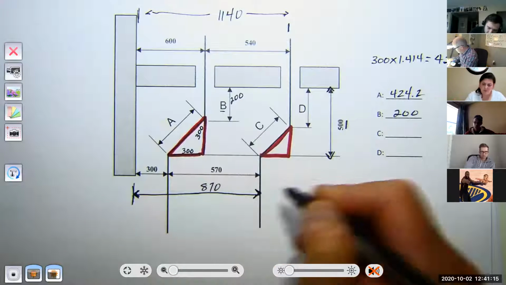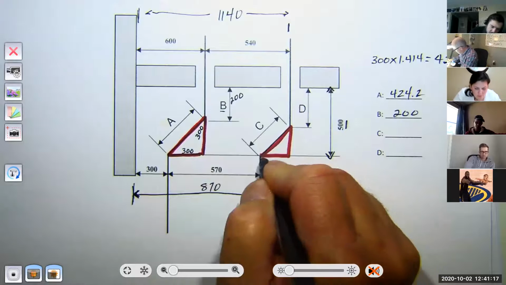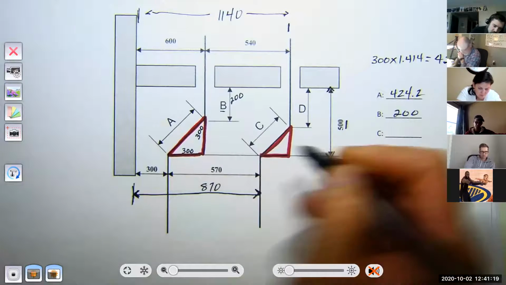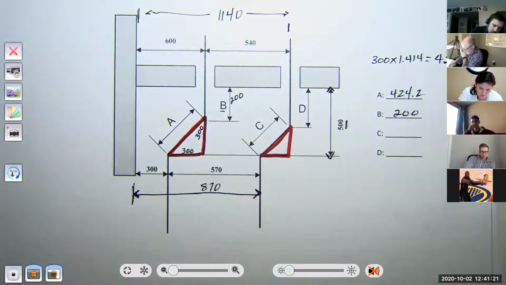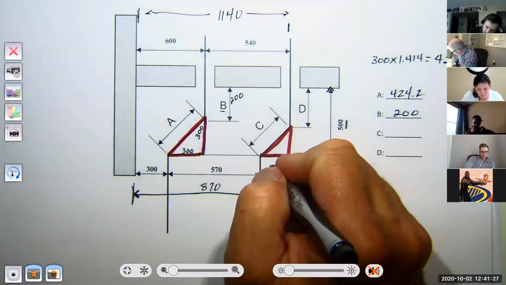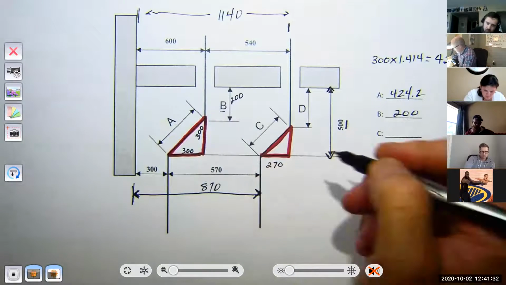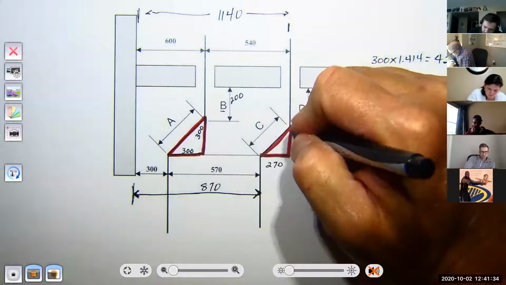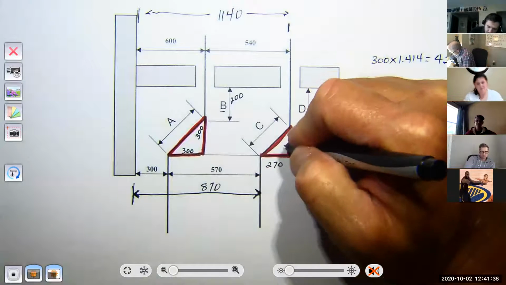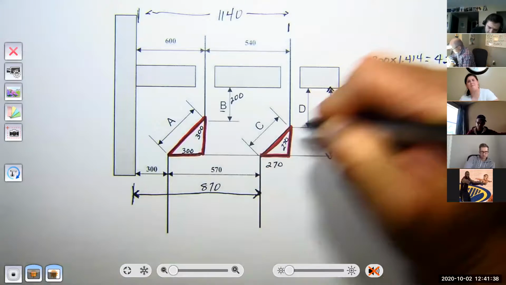From there to there, making this line right here, calculator, making this line 270. And if that's 270, then this line right here is also 270.